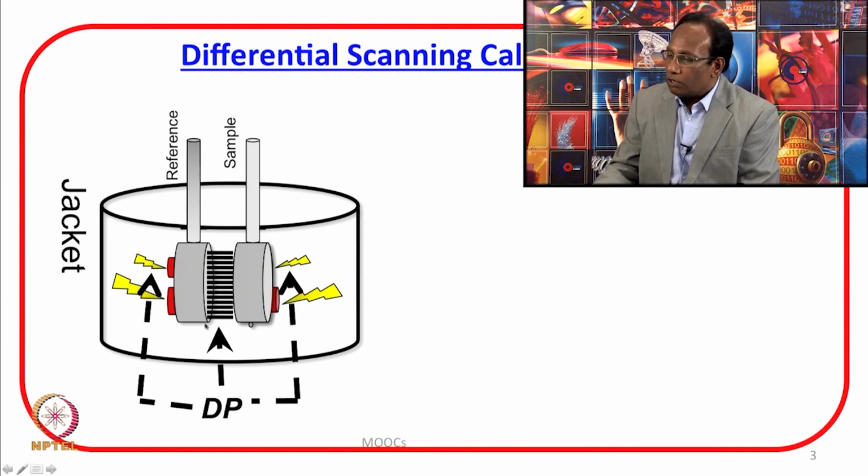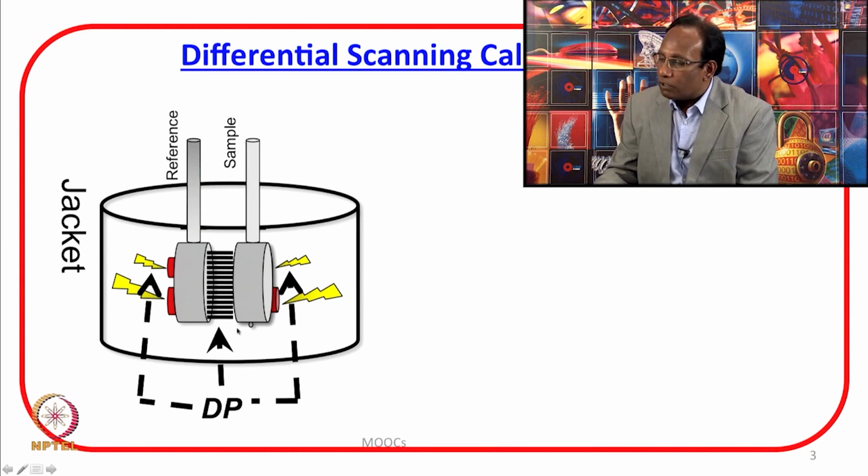Initially a constant power is supplied and it is heated at a constant heating rate or a constant scan rate. In DSC, the heating rate is usually termed the scan rate. So, you increase the power, that means the same amount of power is increased in a programmed way with time. The temperature in both the cells will start increasing by an equal amount.